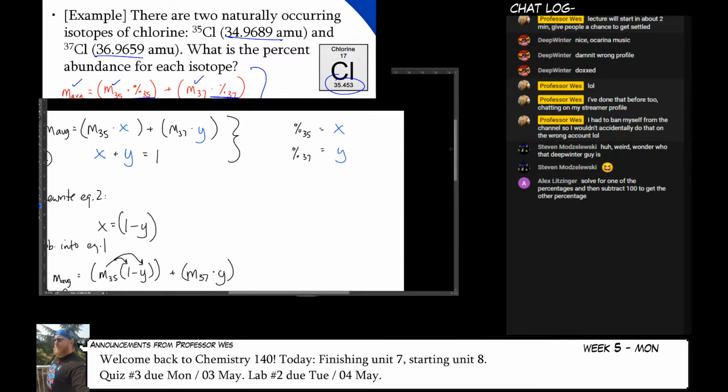So y equals 0.242, or 24.2% abundant. And then we could do the same thing for x, but that would be dumb when we have this equation right here. So x must just be 1 minus this number, or 0.758.